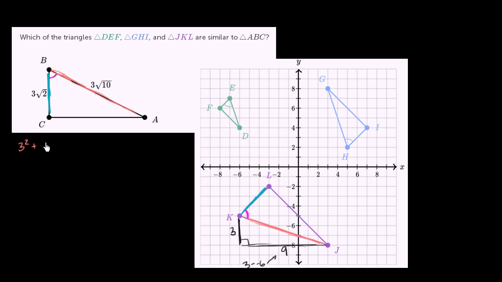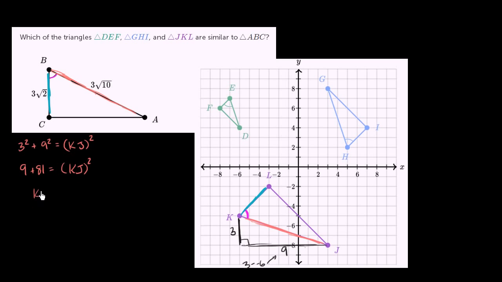3 squared plus 9 squared is equal to the length of KJ squared. 3 squared is, sorry, not 27, 3 squared is 9. 9 squared is 81. And that's going to be equal to the length of KJ squared.